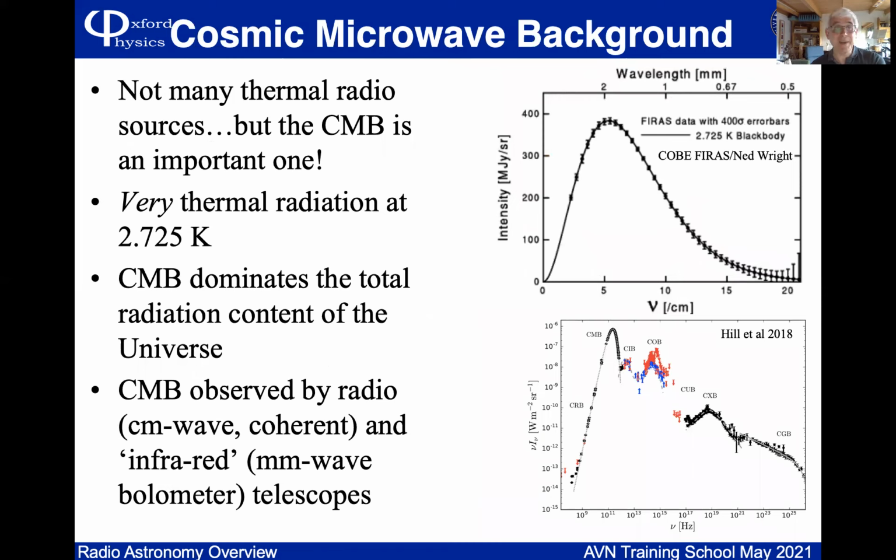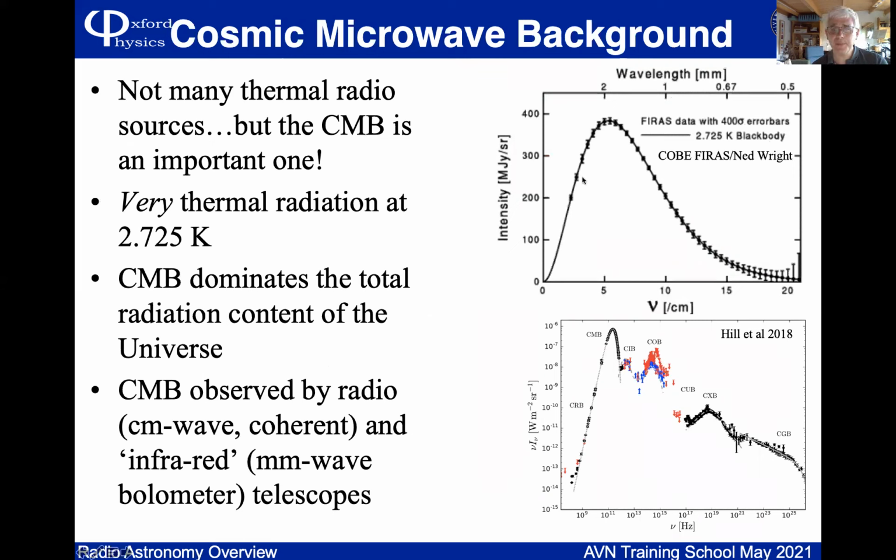So finally, the microwave background itself is an important radio source. There are not many things we observe in the radio which are thermal emission, but the CMB definitely is. It's very, very thermal.